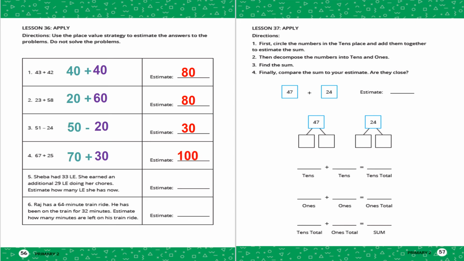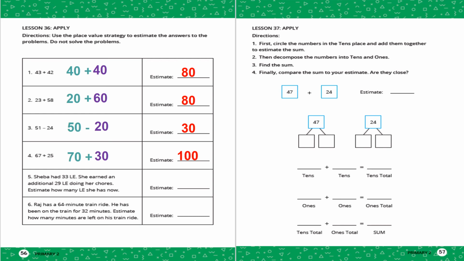Number 5. Sheba had 33 LE. She earned an additional 29 LE doing her chores. Estimate how many LE she has now. Let's estimate 33. 33 between 30 and 40.